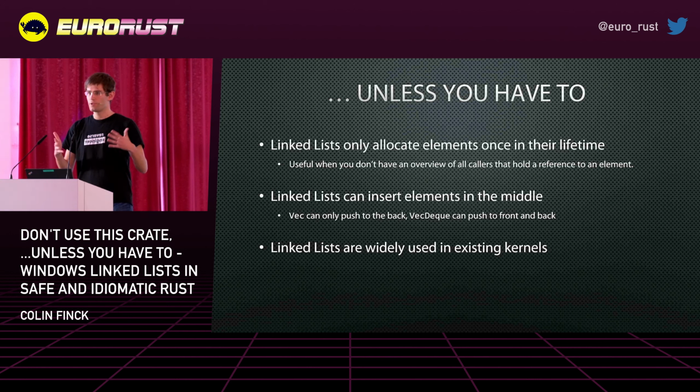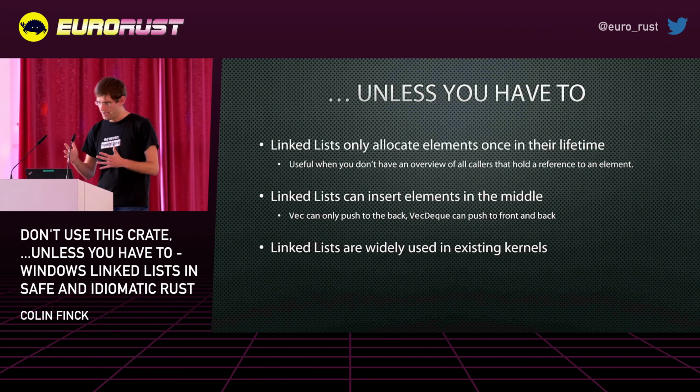So especially for pre-Rust code, where such reference handling is impossible, and you want to make sure every caller that had a reference once shall still have a valid reference as long as that element is part of the list. Wouldn't be the case if the vector gets reallocated in between.